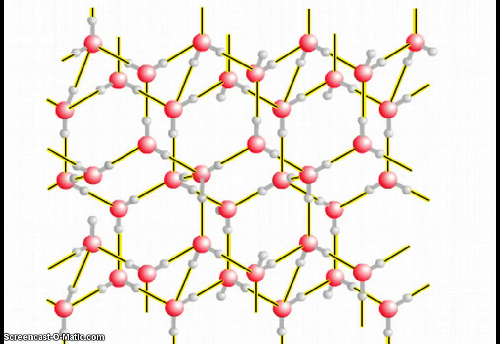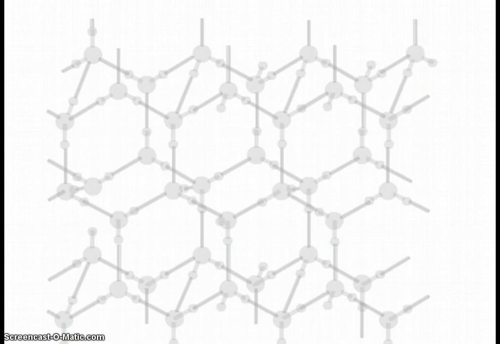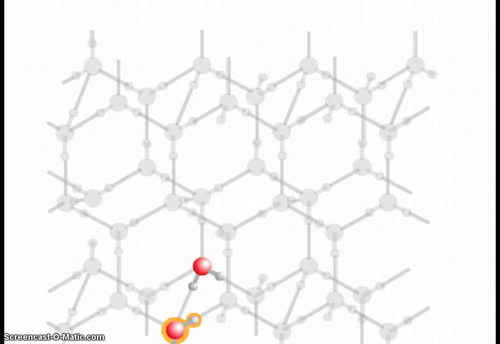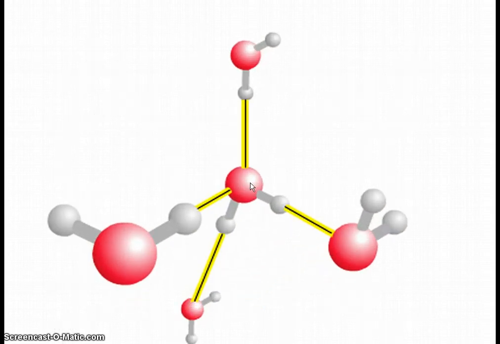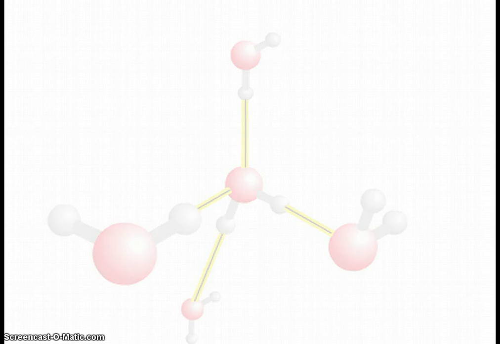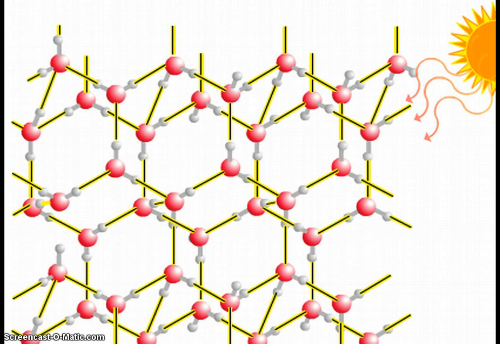If we were to look at water up close, here's the structure of water in ice. In the solid form, we see all of these water molecules are in a crystal lattice formation. What's highlighted in yellow is the hydrogen bonds, or the intermolecular force that is occurring between these water molecules. These hydrogen bonds are what cause the water molecules in the solid state to make that crystal lattice structure.